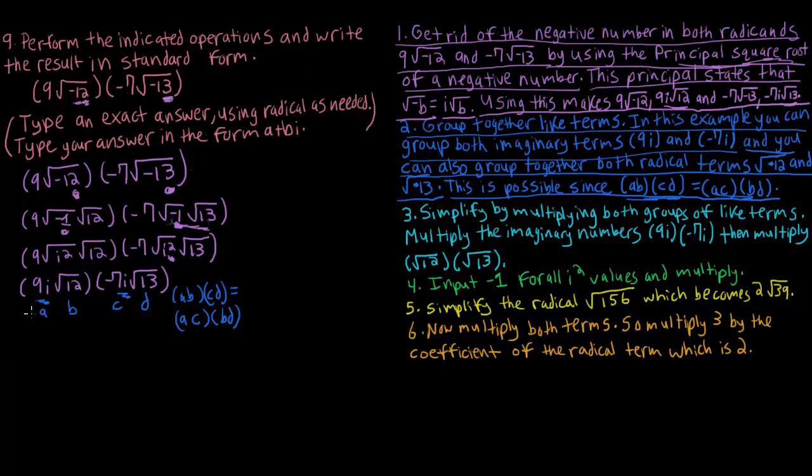So in this case, our A is the 9I, which is one imaginary term, and we can multiply it by our C term, which in this case is negative 7I, which is also an imaginary term we're grouping together. And then you have your B term, which is square root of 12, and we can group that and multiply that with our D term, which is the square root of 13.